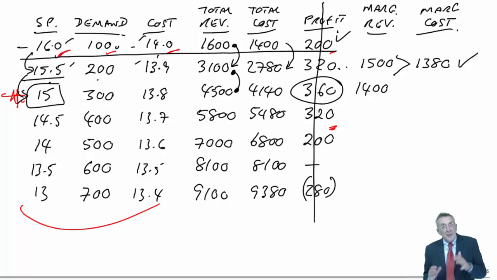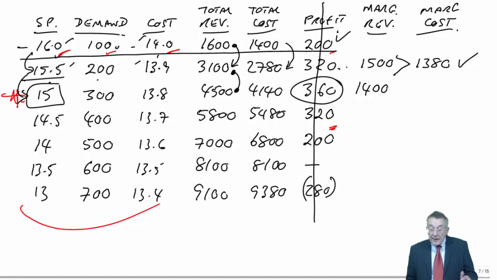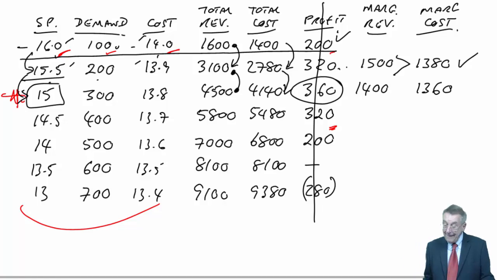Doesn't go up as much as before, but it's gone up. What about the costs? The costs were 2,780. Drop the price by 50 cents, they've gone up to 4,140. So the extra or the marginal cost is 1,360.